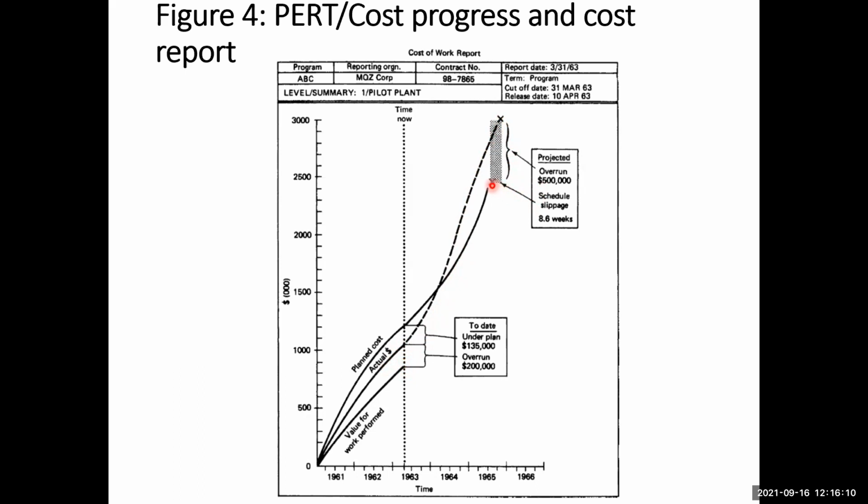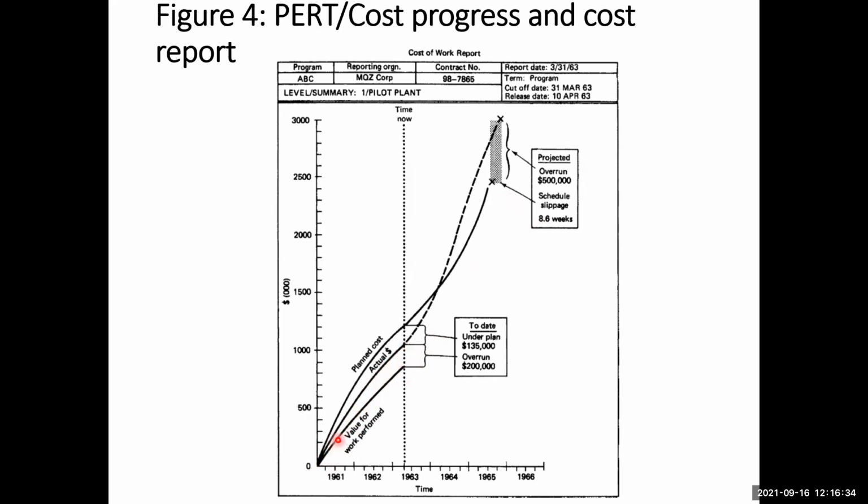And then there will accordingly be a schedule slippage as well. This project will take 8.6 more weeks to complete. So based on these curves, we can provide some regression equations to these curves.